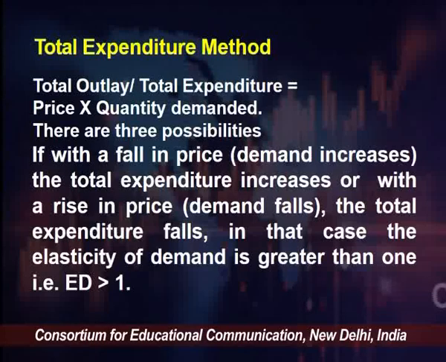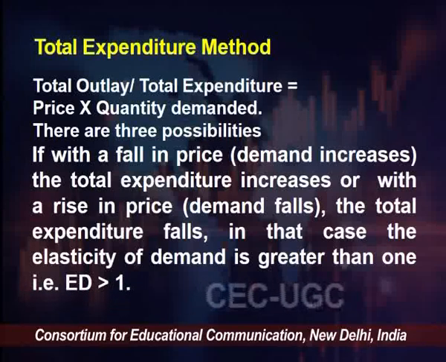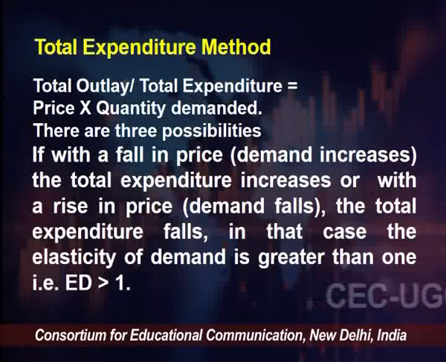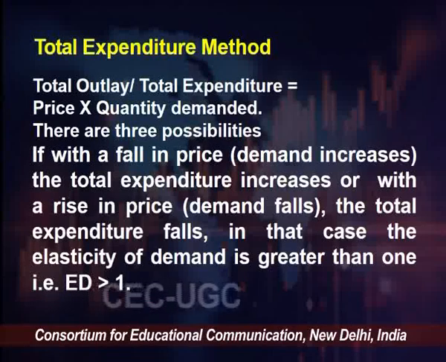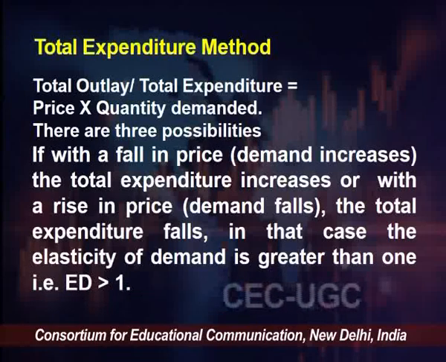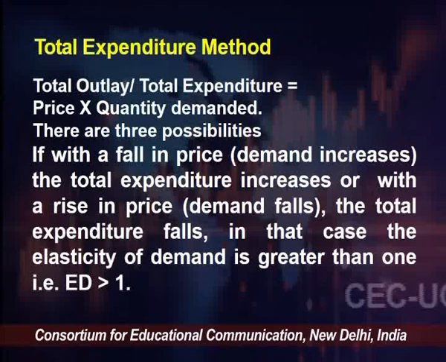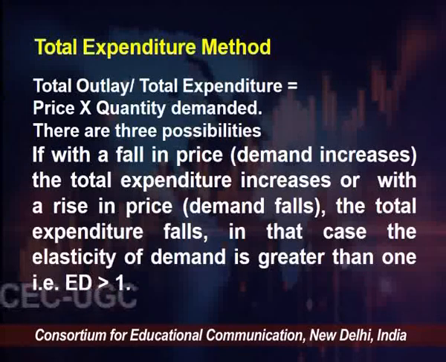So, there are three possibilities. Suppose there is a fall in the price, then total expenditure may increase, or total expenditure may go down, or total expenditure may remain the same. On the basis of how much the total expenditure is and in which direction it is changing, we measure the elasticity of demand.